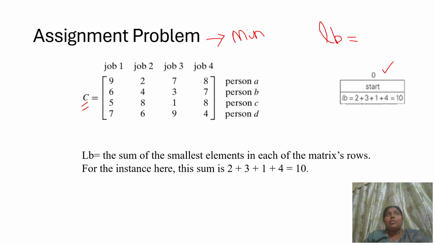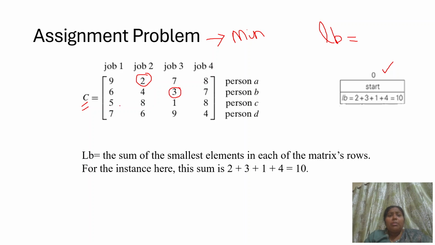So we simply find the minimum cost. I select the lowest cost in the first row, that is for person A. 2 is the lowest cost in the first row. In the second row, the costs are 6, 4, 3, 1, and 3 is the minimum.